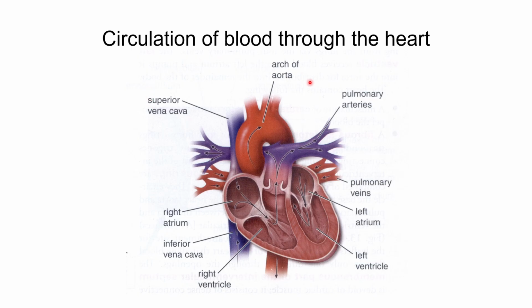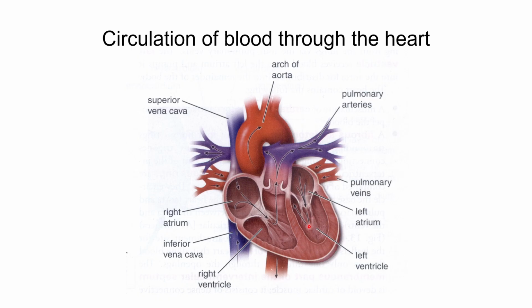So, as we said, we have a central organ, the pump, the heart. It's a four-chambered organ with two atria, right atrium and left atrium, separated from one another by a wall, the interatrial wall, and two ventricles, the right ventricle and the left ventricle.